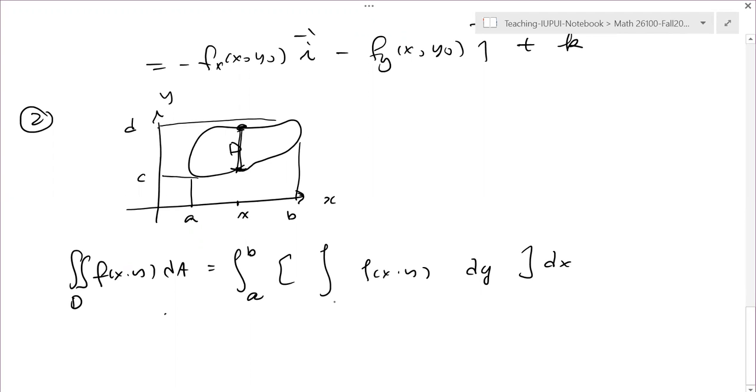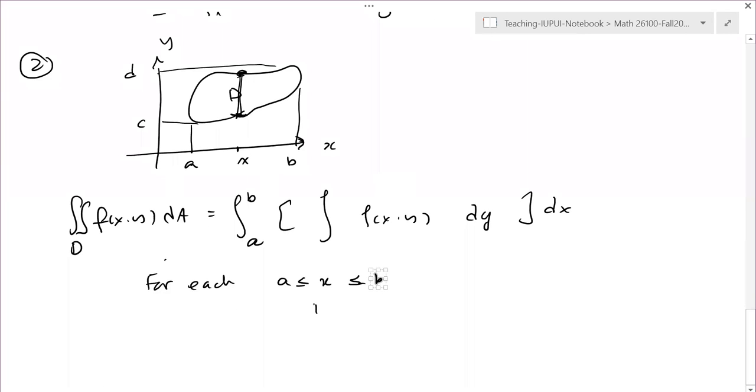For each x between A and B, you have to determine the y value, so let's use g(x) and h(x), the upper bound and lower bound. So the outside integral's upper and lower bounds must be numbers, never a variable.